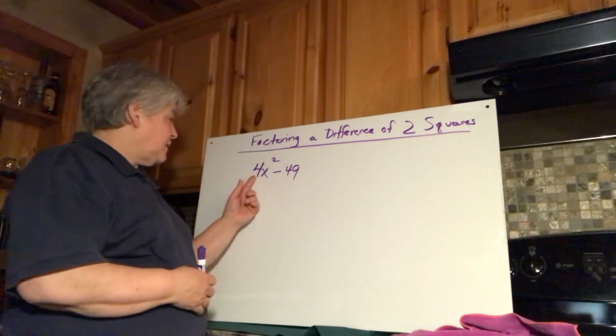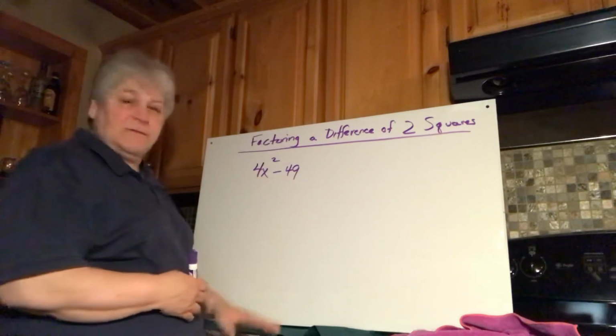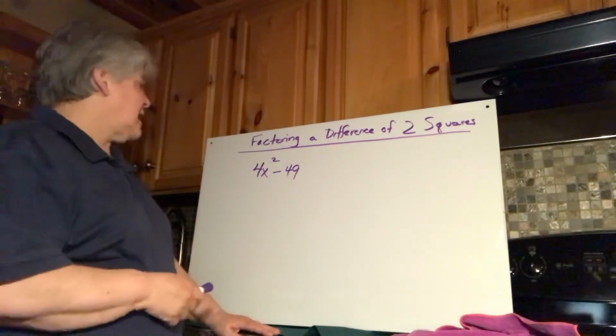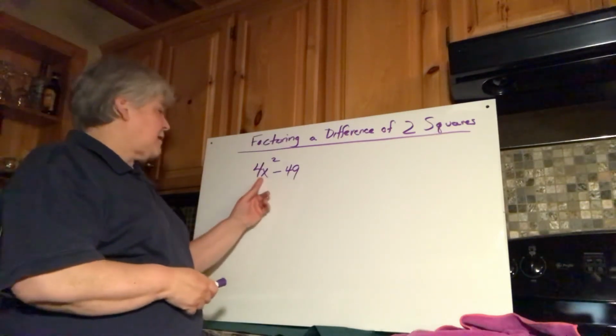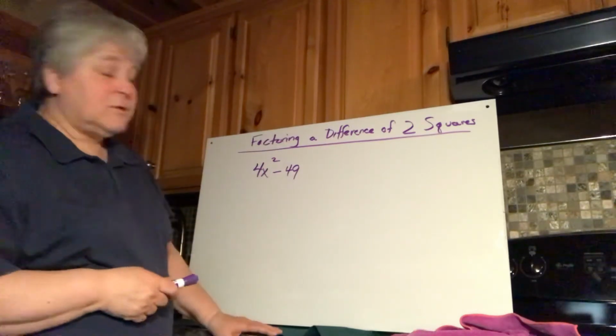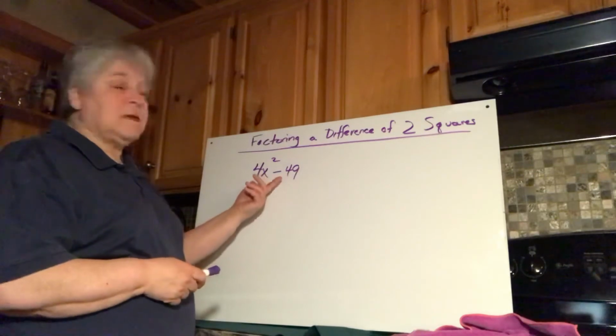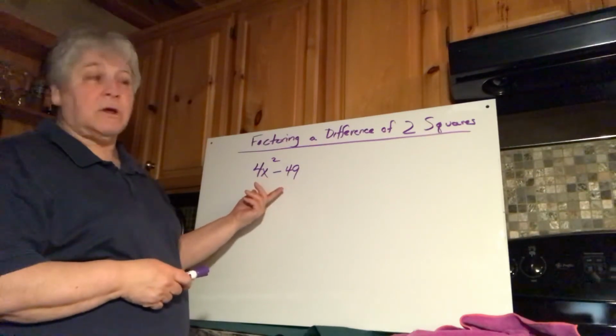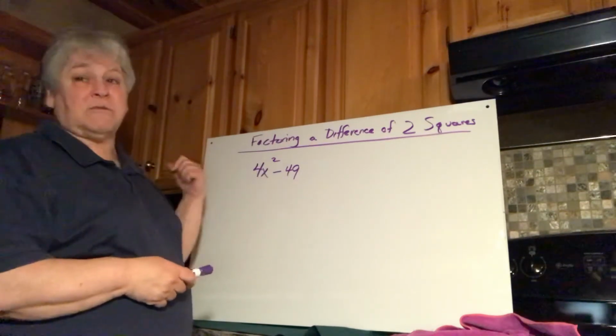So, is there something that goes into 4 and 49 evenly? No, there is not. Are there x's in both terms? No, there are not.